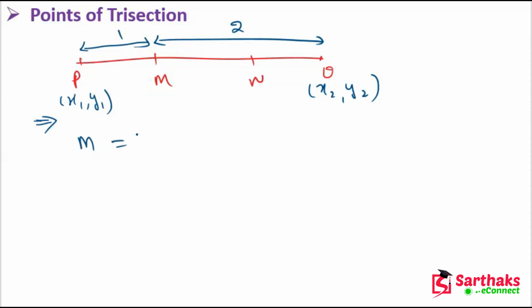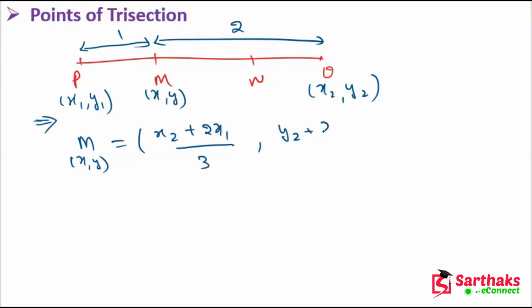We can find it as x = (x2 + 2x1) divided by 1 + 2, which is 3. Similarly y = (y2 + 2y1) divided by 3.